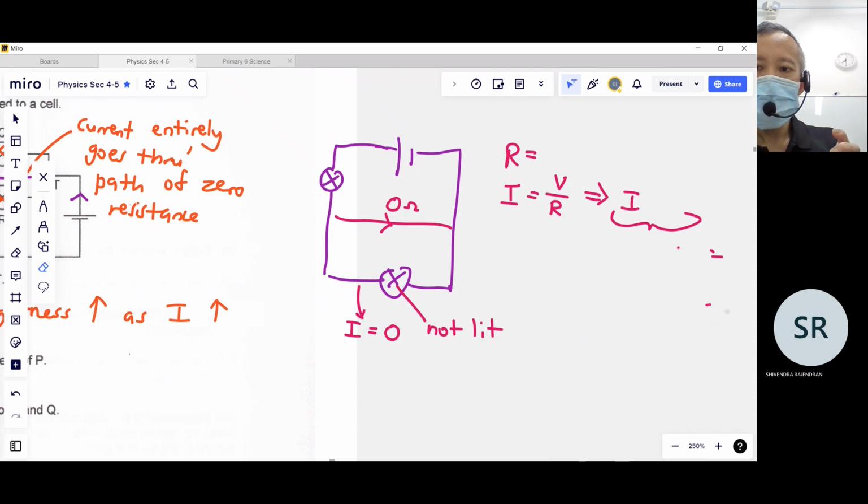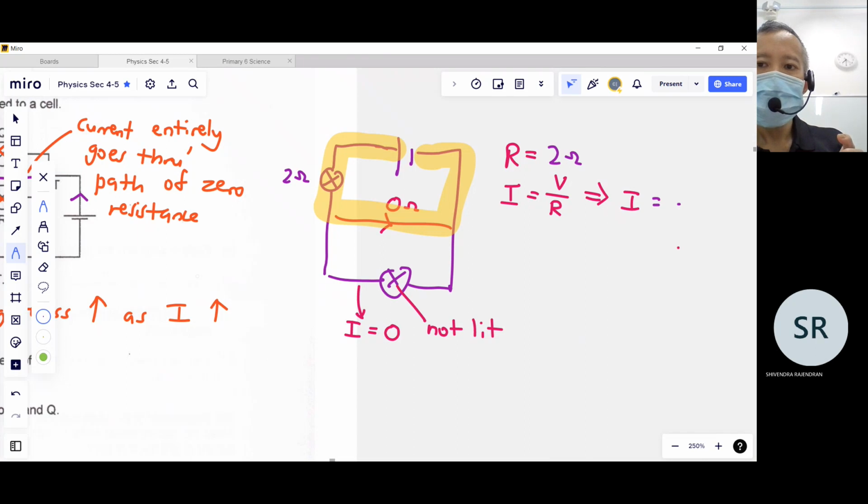I hope you notice where the circuit is running in this case. Now my circuit is running here. So at least I still have resistance, let's say 3 ohms. So I still have current. It won't be infinite. So in this case, it's still not too bad. But of course, if the current is still high, it can still damage your appliance.